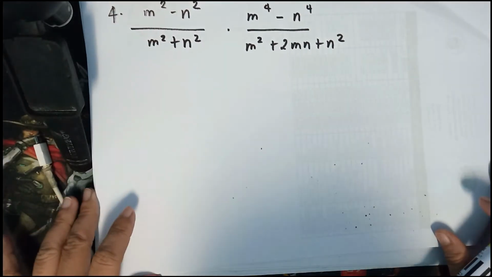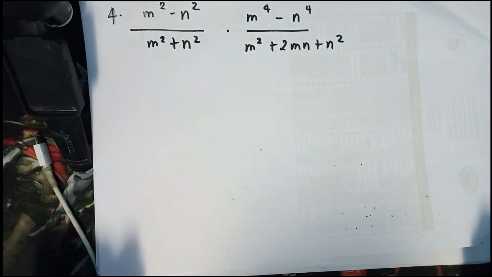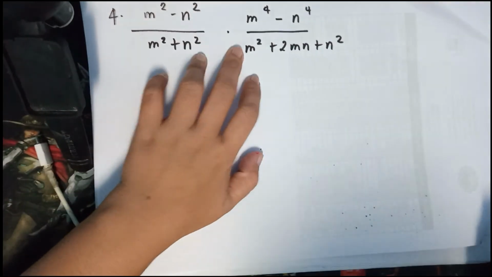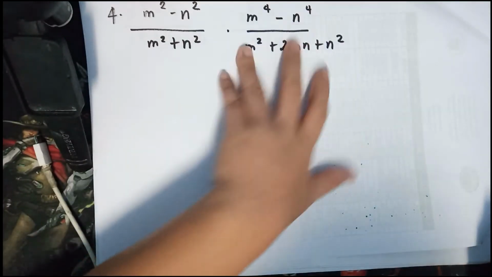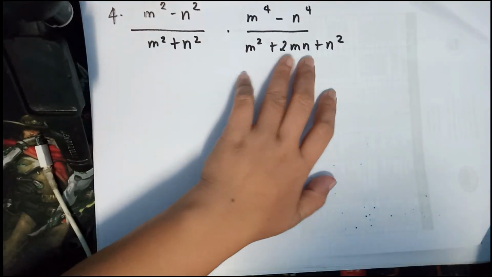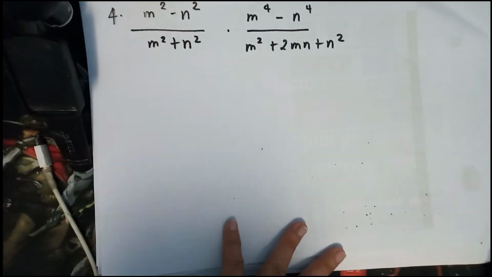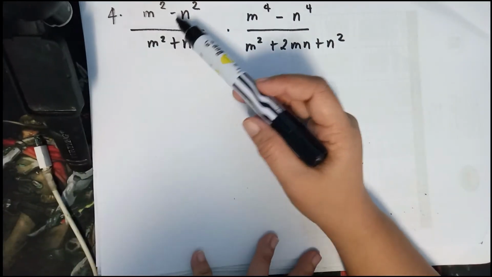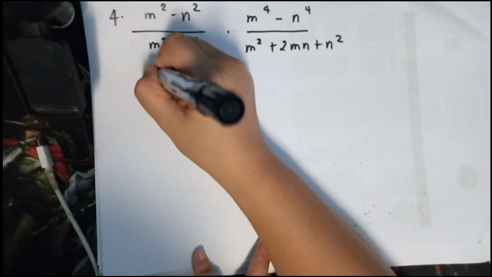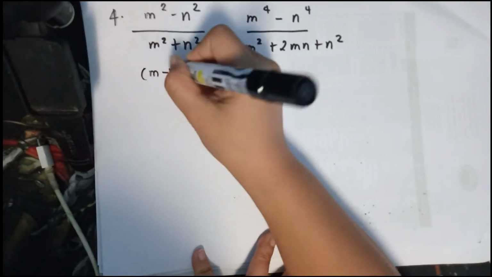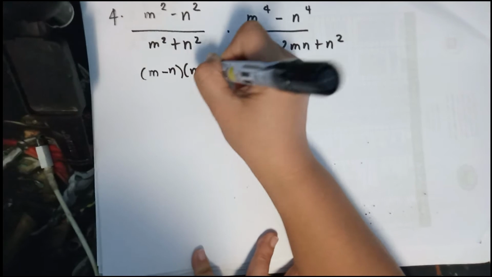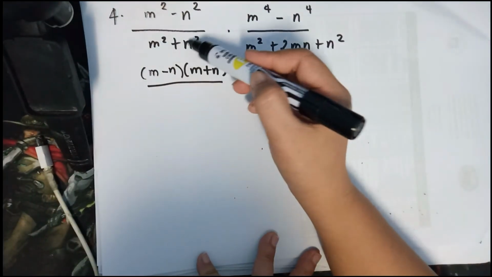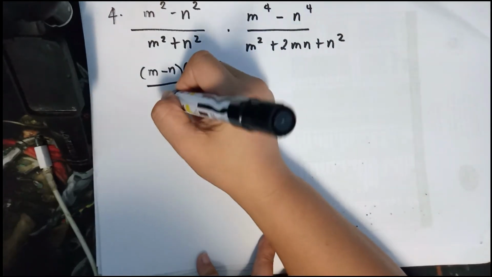Number 4. n squared minus n squared over m squared plus n squared times m to the fourth minus n to the fourth over m squared plus 2mn plus n squared. All you need to do is factor out. Since this is difference of two squares, we have m minus n and m plus n over m squared plus n squared, which cannot be factored out.